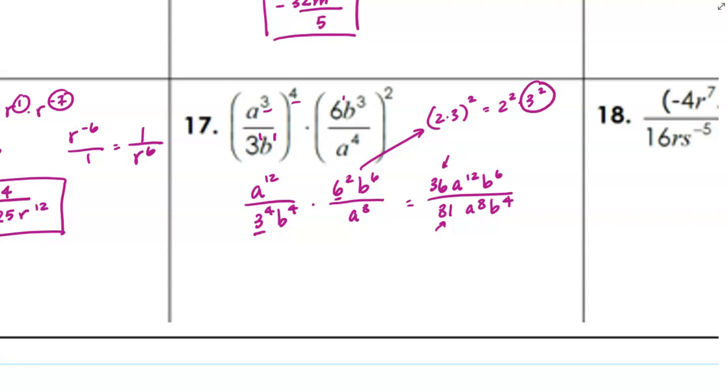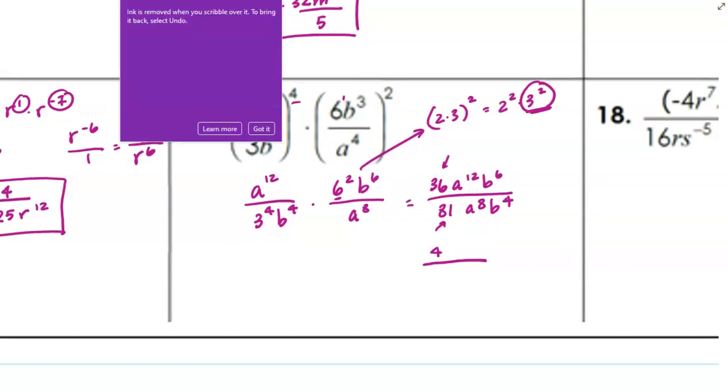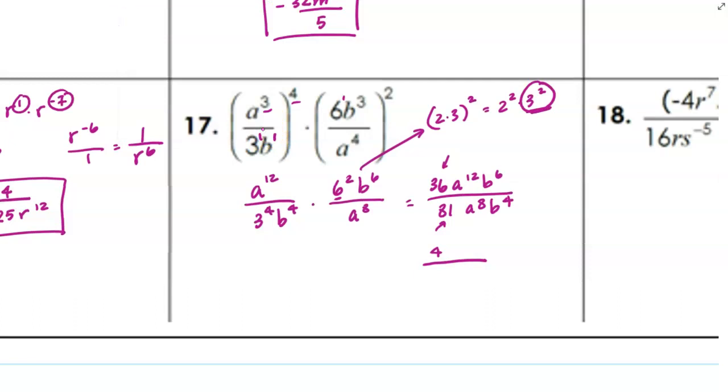There's that 9. That's called the greatest common factor. Well, this 3 to the second and that 3 to the 4th. The least thing that they have in common is 3 to the second. So we know that 3 to the second is 9.